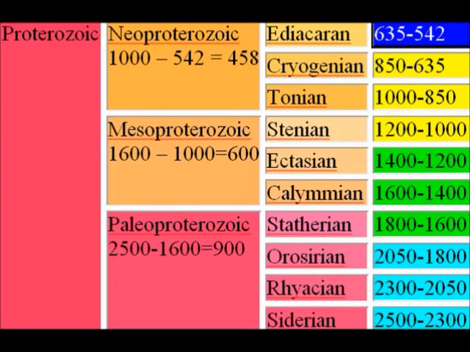This next painting looks at the period of time titled the Ediacaran Period. This panel represents a bracket of time from 635 to 542 million years ago. It's called the Ediacaran. It's named after the Ediacara Hills in South Australia, where we find these very early multicellular forms of life.